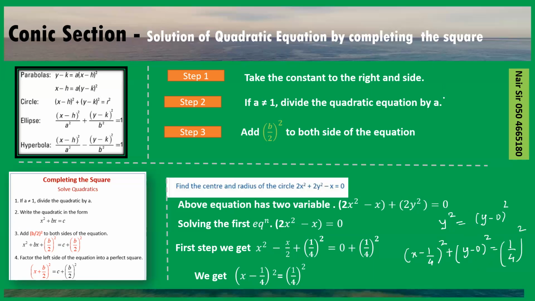So what is my h? Compare very carefully, h is 1 upon 4 and k is 0 and r is 1 upon 4. That's my answer. Hope I'm able to teach you correctly.